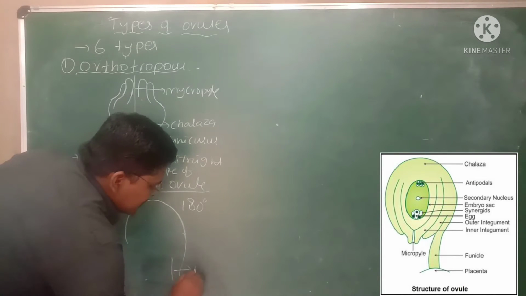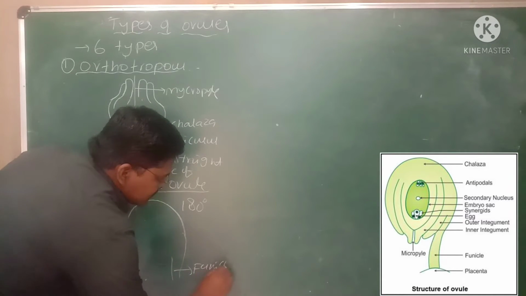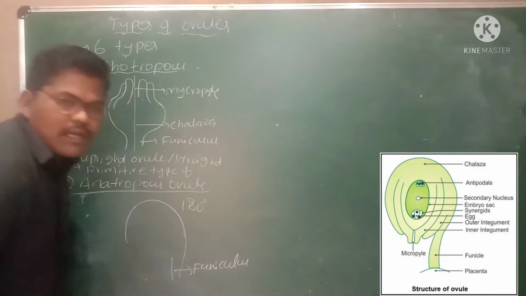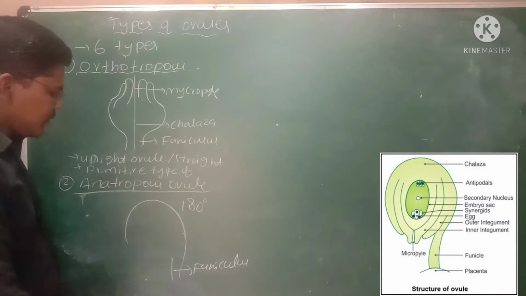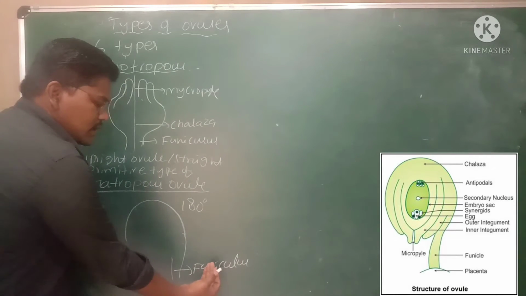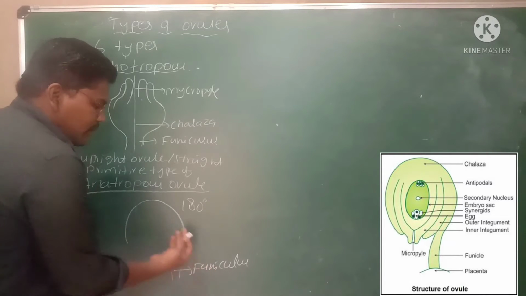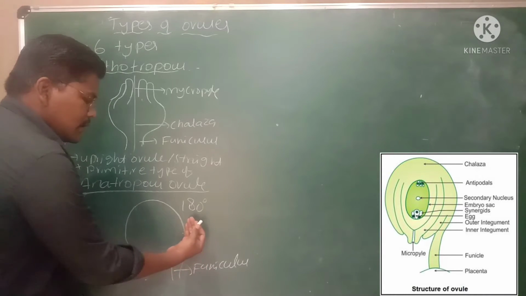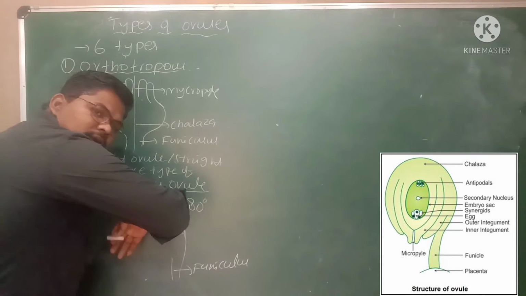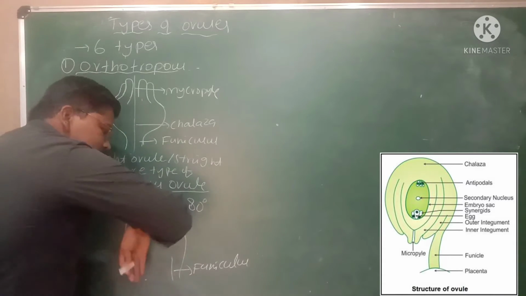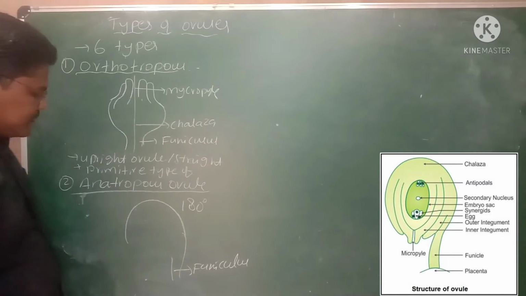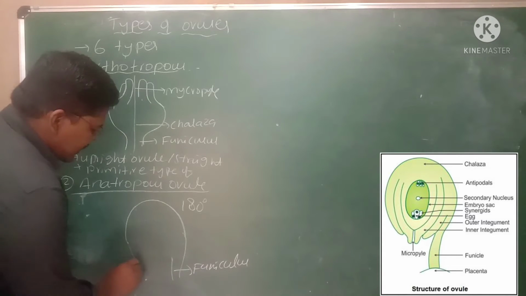This is the funiculus, the stalk of the ovule. If you see the funiculus, the body of ovule turns 180 degrees to the funiculus. This type of ovule is called anatropous ovule.